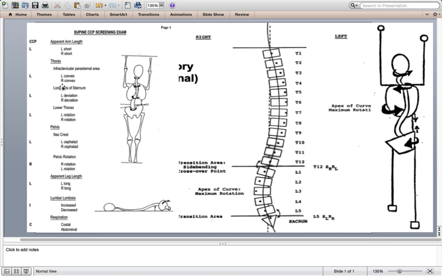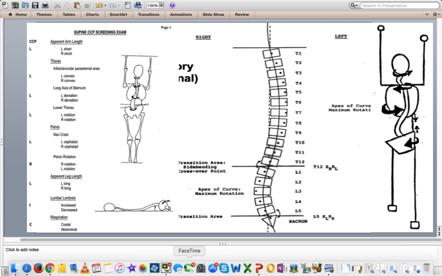So that's going to make the long axis of the sternum, because it's going to follow this rotation right here, it's going to make sense that it deviates left. Come down to the lumbar region, and understand the pelvis is rotated right in regard to the lumbar, and that follows all the way up into the lumbar area. So that right rotation there is going to cause left side bending here. So just one way. Hopefully that helps a little bit to understand it.